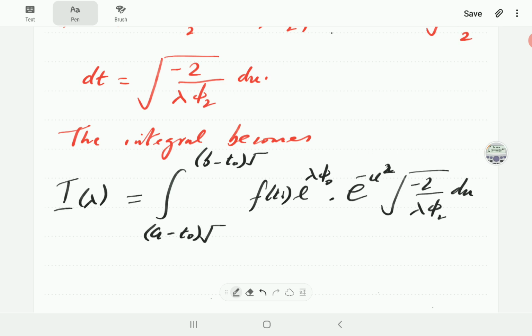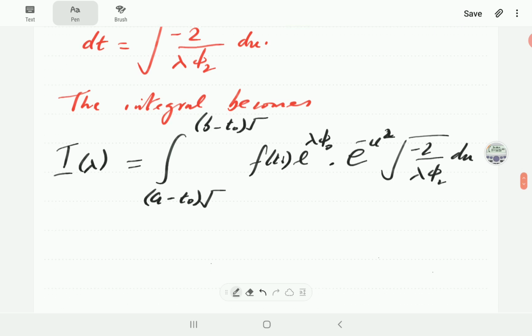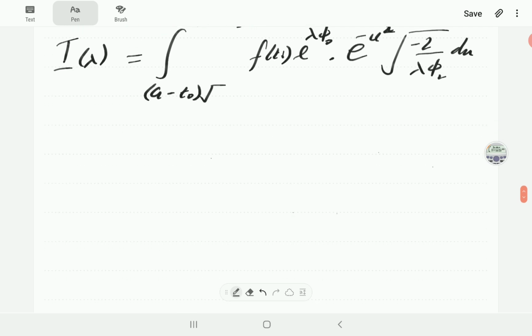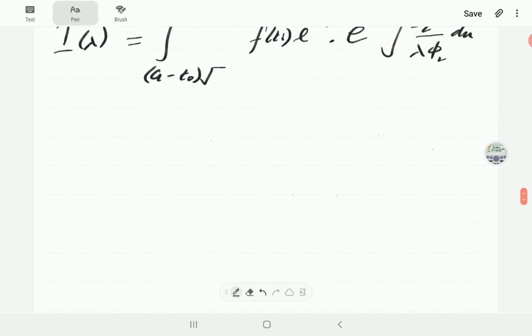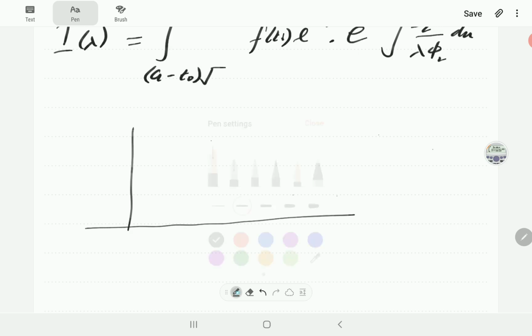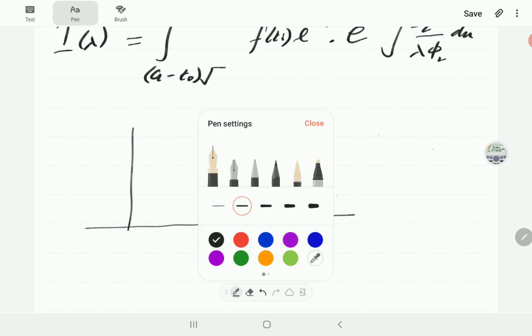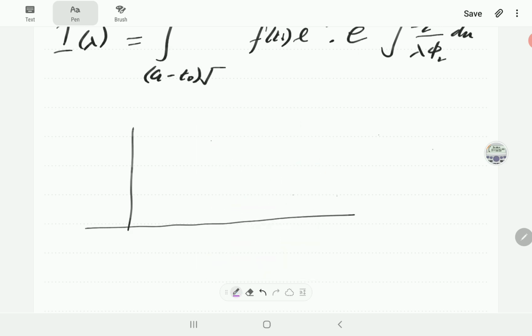Then let's just talk about this here. So as lambda goes to infinity, this is what's going to happen, which is a bit similar to what we looked at in the previous section.